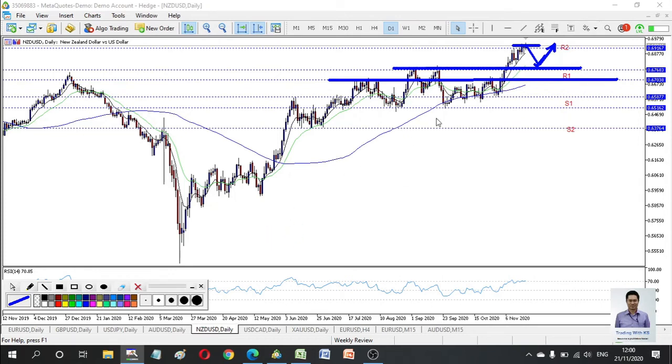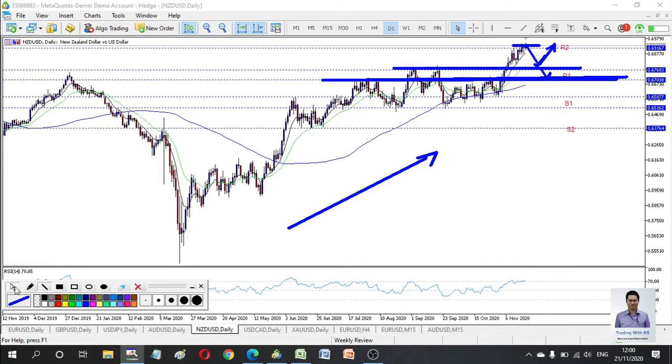As long as the price is above this area, we will keep treating it as an uptrend and only buy the dip and the bounce of the price. It can bounce here or it can bounce here.